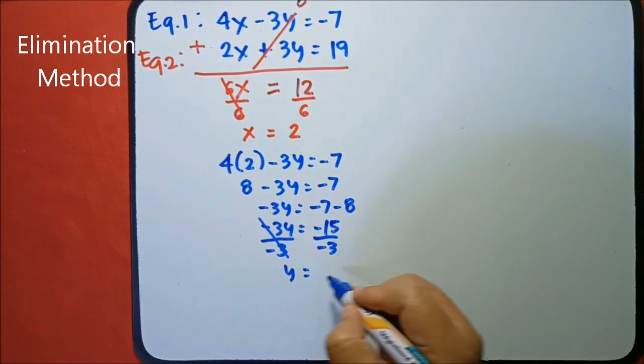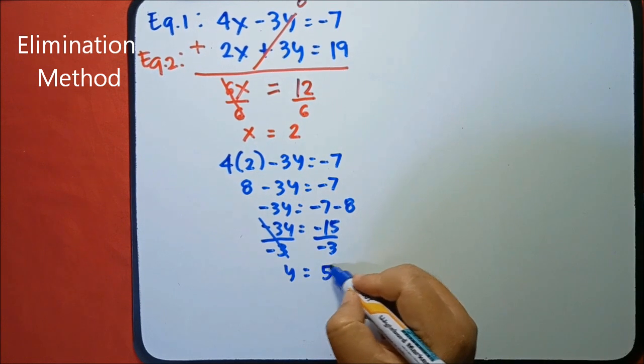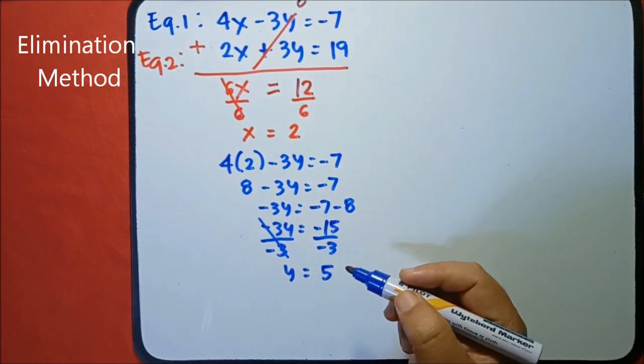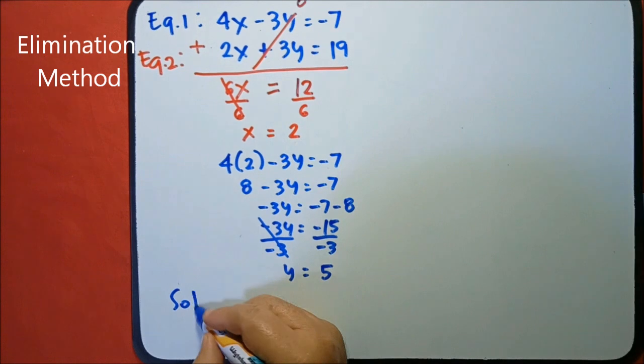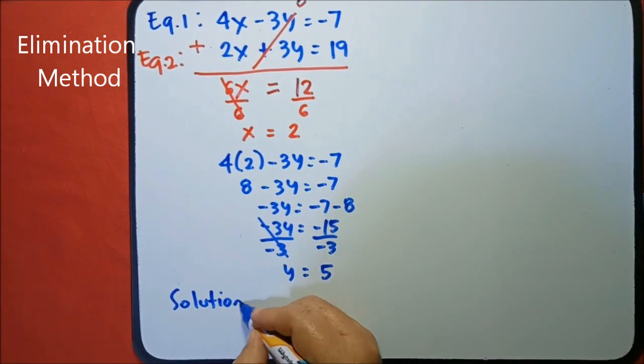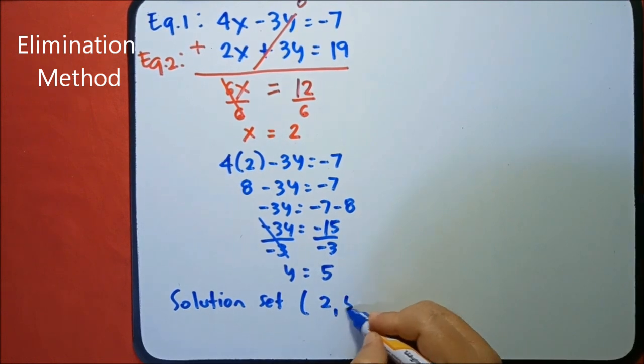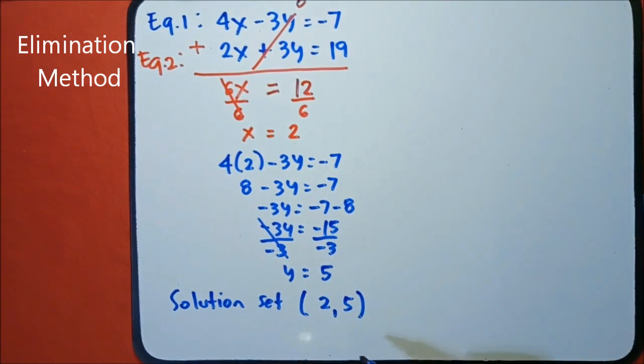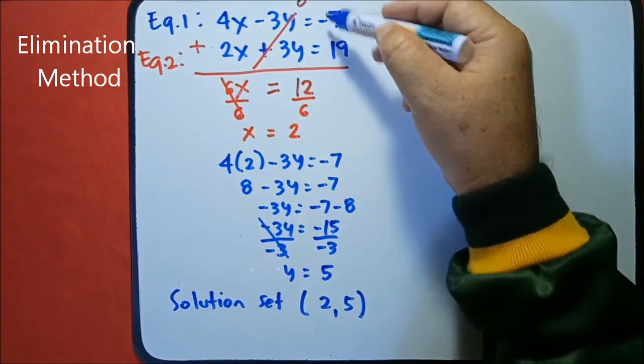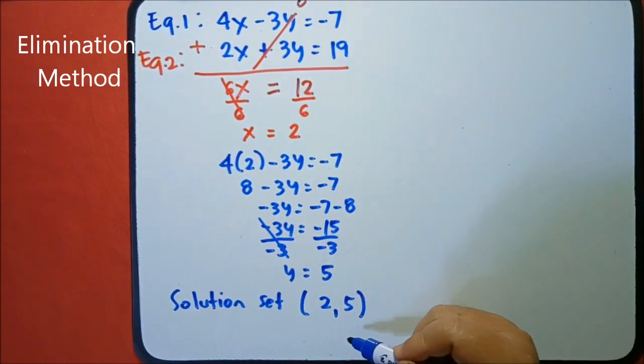So, y will become 15 divided by 3 is 5. Negative divided by negative is positive. So, your solution set is 2 and 5. Ibig sabihin, sa coordinate na to, yung dalawang equation ay mag-i-intersect.